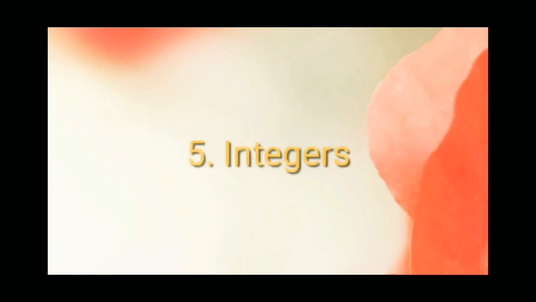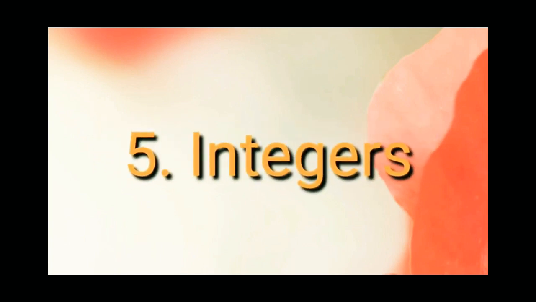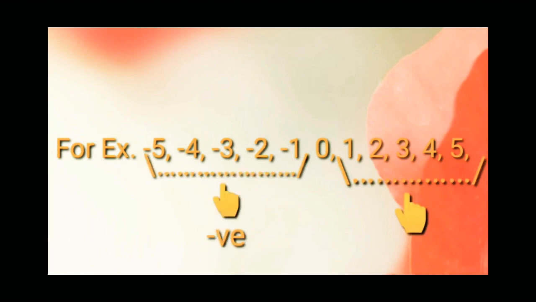And after this come integers. The collection of all the natural numbers, negative numbers, and 0 are called integers. Or in simple language, integers are the collection of whole numbers and negative numbers.